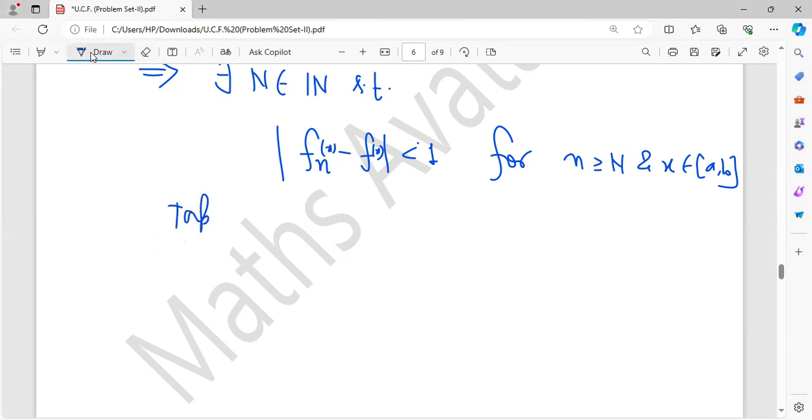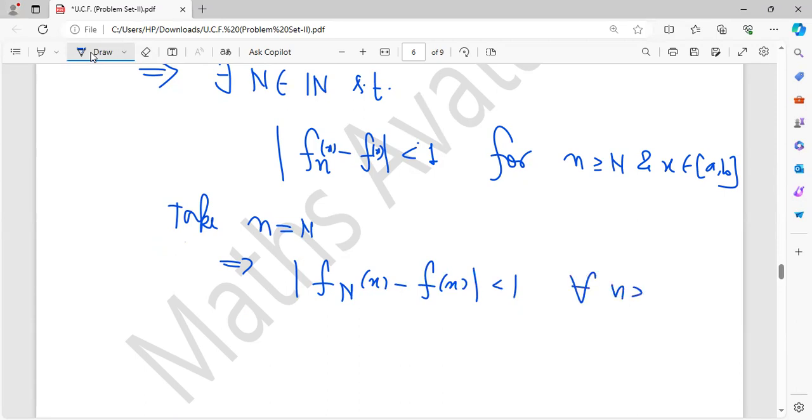Take n equal to capital N. We have fn x minus f x less than or equal to 1 for all x belonging to the closed interval [0, 1].